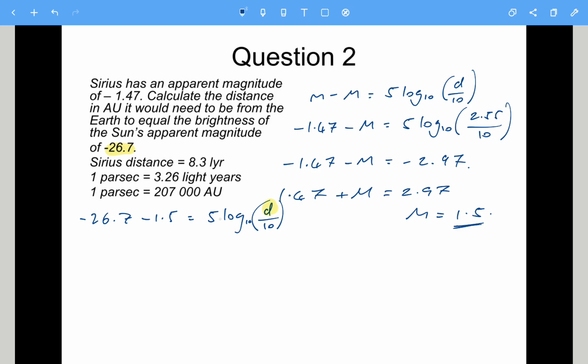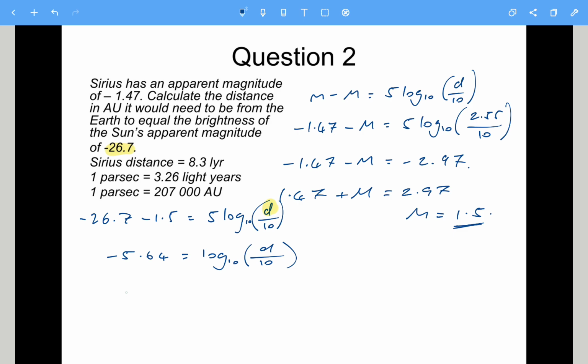Then first, we divide by 5 to get rid of the 5 on the right-hand side. On the left-hand side, we end up with minus 5.64 equals log base 10 d over 10. To get rid of the log base 10, if you do shift log on your calculator, you get the anti-log.